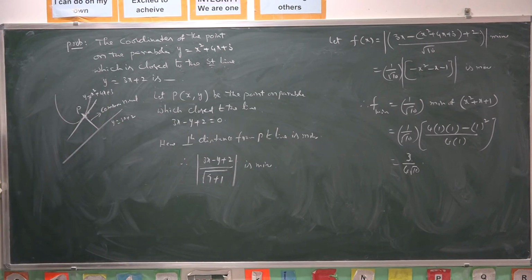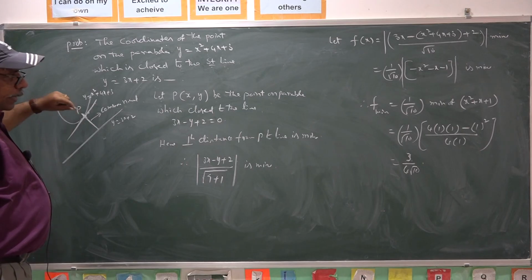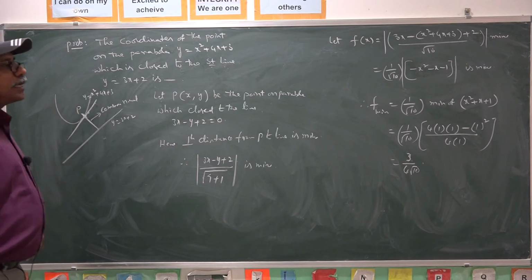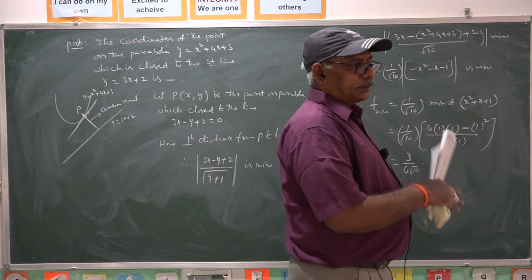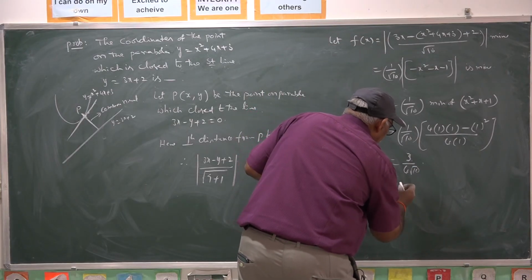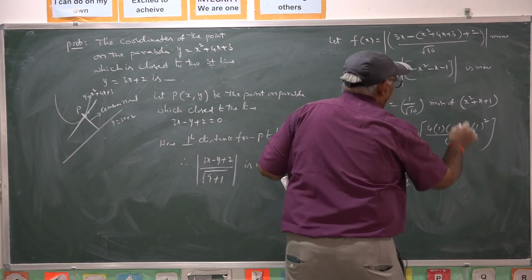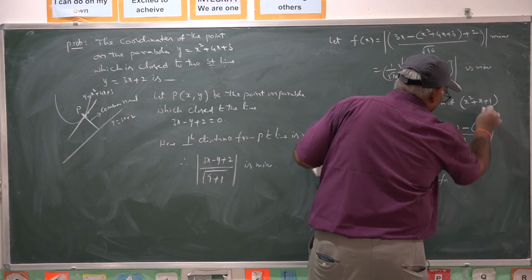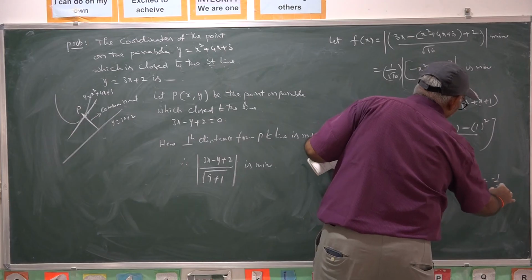Similarly, coming to the coordinates of this point, clearly this minimum exists at x equal to minus b by 2a, which is minus 1 by 2.